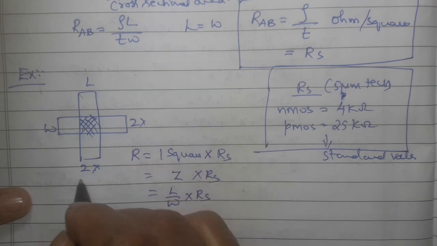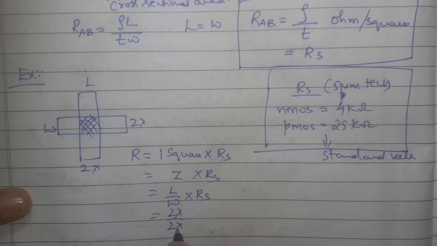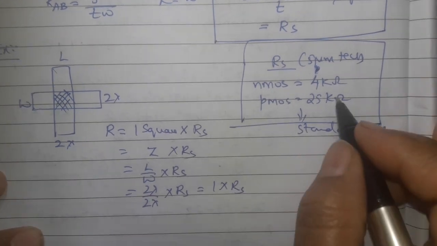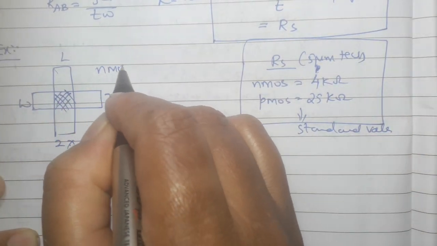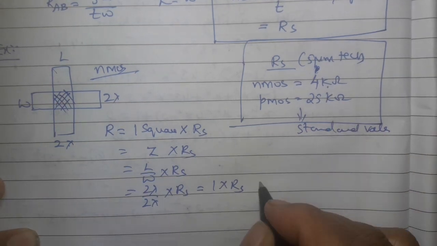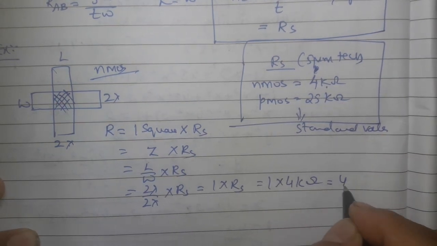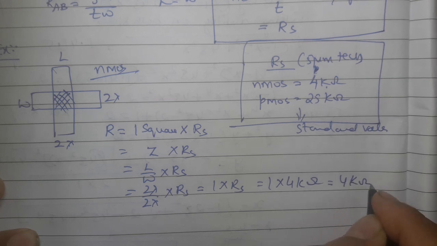What is L? Both are 2 lambda by 2 lambda into Rs. So, this is 1 into Rs, and because this is an NMOS, it is 4 kilo ohm. So, it is 1 into 4 kilo ohms. So, this is 4 kilo ohms, or this is 4 into 10 to the power 4 ohms.